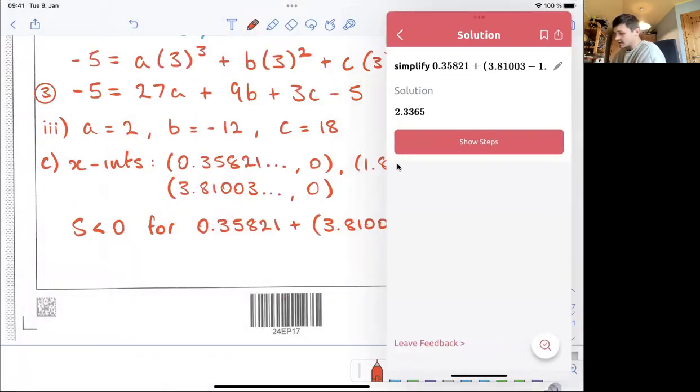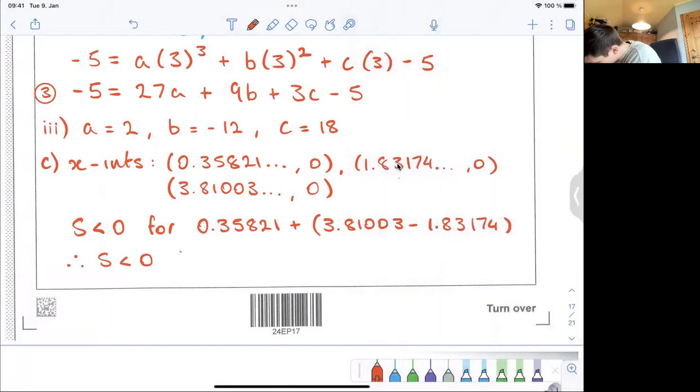And so in conclusion, we'll round that to 3 significant figures. Therefore, s is below 0, aka they are in debt. The student is in debt for 2.34 years. Cool. And there is the answer to part C.